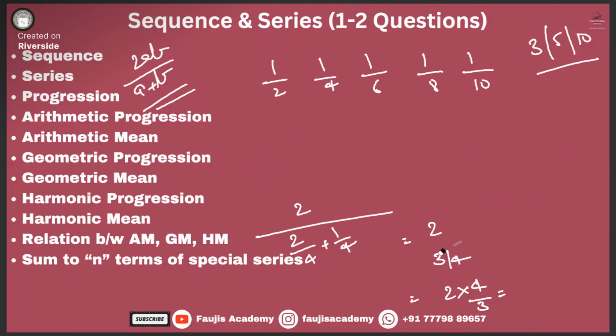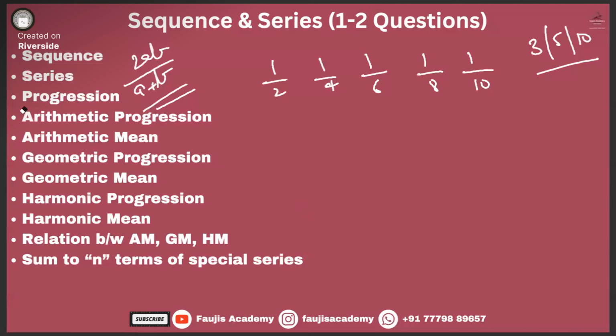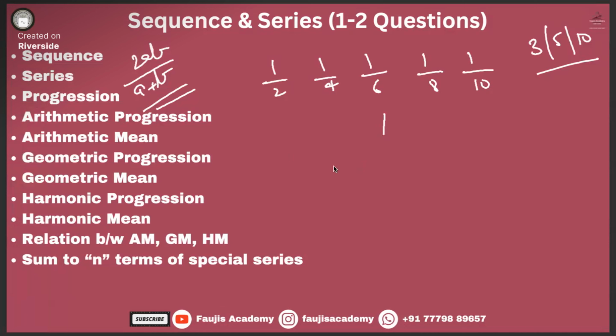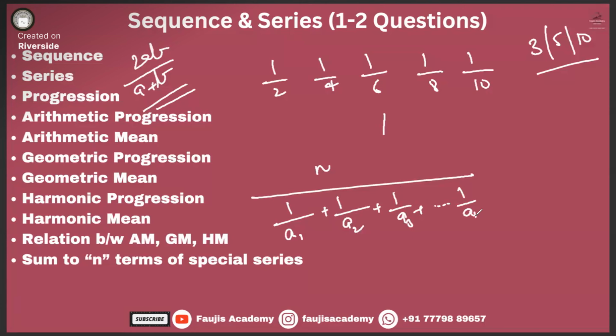The mistake that we are doing to find harmonic mean. To find that harmonic mean, we need to write the number of terms divided by 1 by first term plus 1 by second term plus 1 by third term plus 1 by nth term.